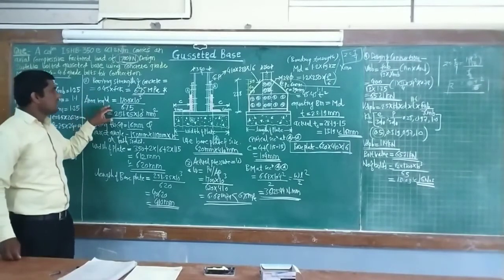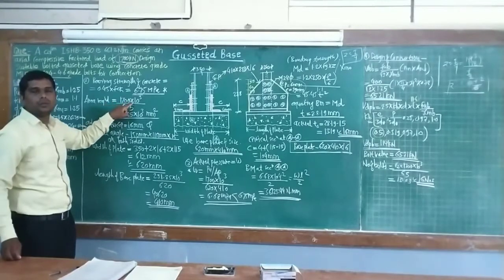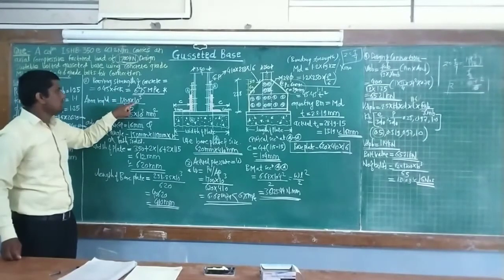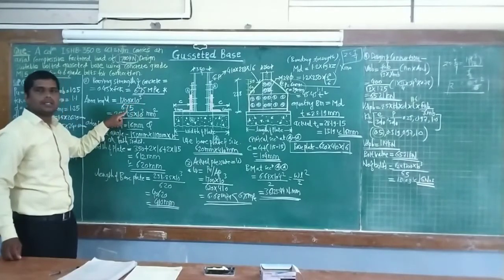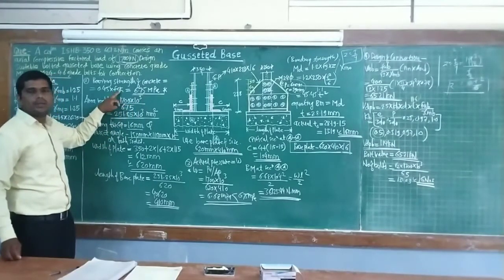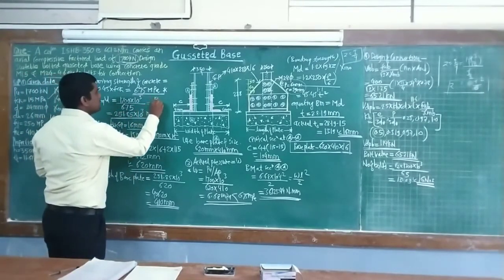Then the next step is to determine the area required. Area required is equal to the total factored load, 1700 kilonewton multiplied by 1000 to convert into Newton, divided by the bearing strength of concrete we have already found out. So load divided by bearing strength.